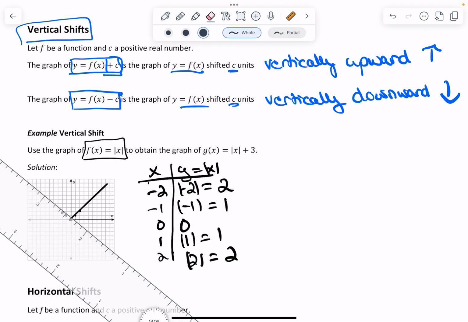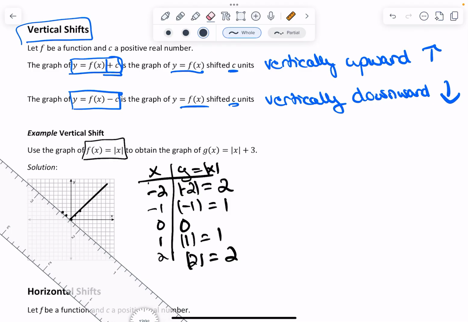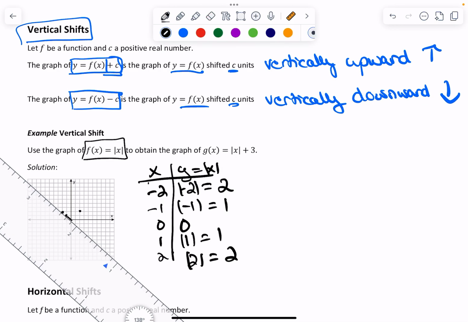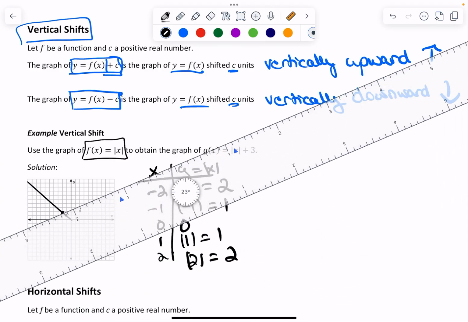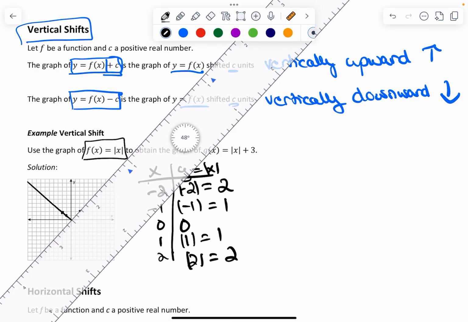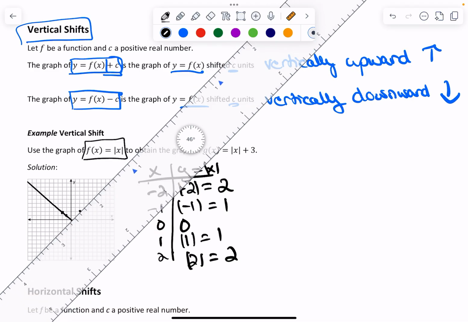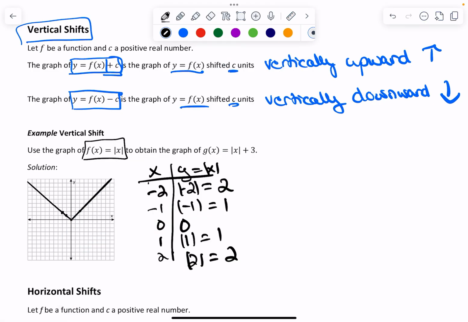A little bit more. Come on. It is not wanting to. That's not really a perfect line. Okay, well, we'll live with it.